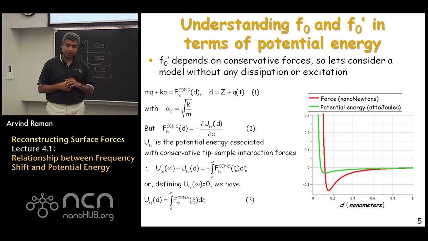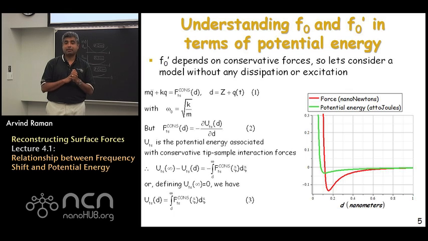In other words, you can also invert this relationship and look at the tip sample interaction force under the integral as shown just below equation 2, where we now write the potential energy at infinity minus the potential energy at some gap D must equal negative of the work done by the interaction forces in moving the tip from D all the way to infinity.